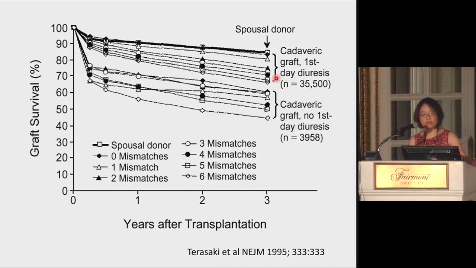Now, in today's era of modern immunosuppression, that difference between graft survival numbers has shrunk quite a bit. And so these days, as I mentioned, we only give extra points for 0 antigen mismatches, and 1 antigen mismatch is essentially equivalent to 6 antigen mismatches when we're running our match run.